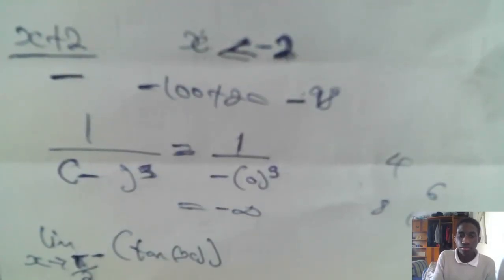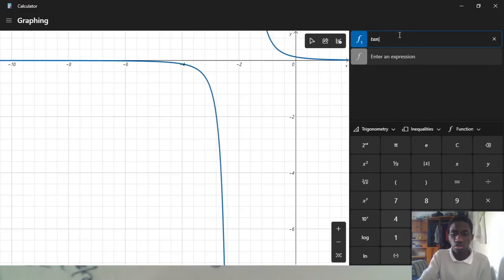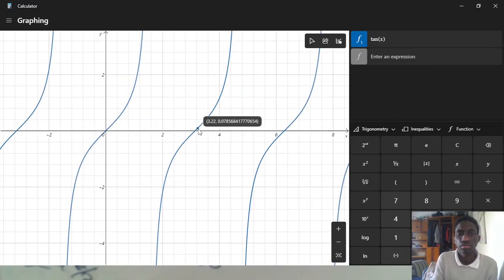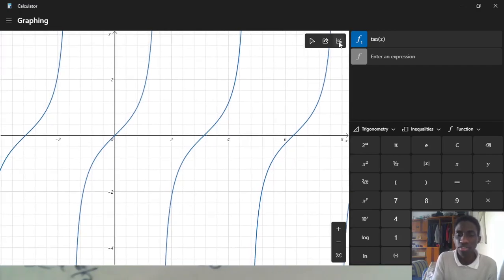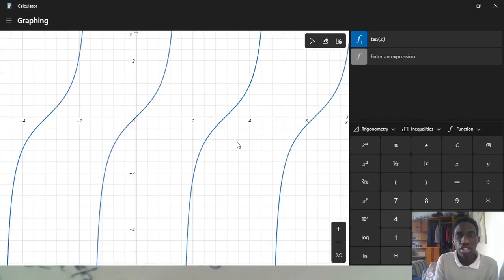But let's see here. When I graph tan x, the shape of tan x is very popular. Pi over 2 is like 1.59 something.